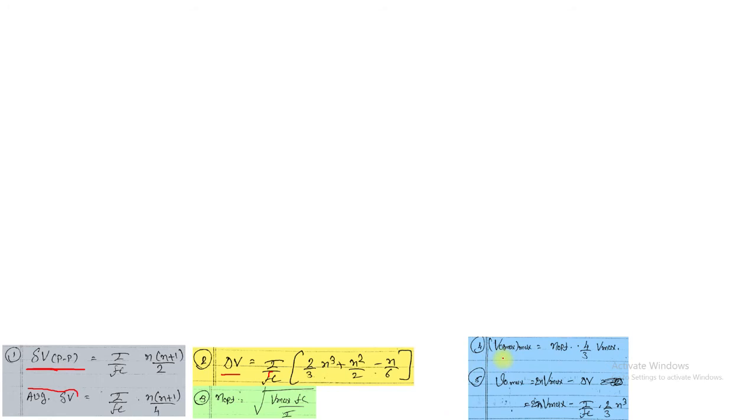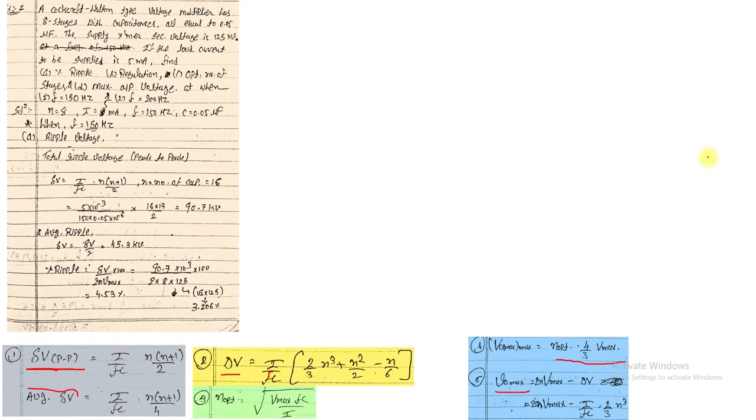The maximum output voltage by considering the optimum number of stages can be calculated from this formula, n optimum into 4 by 3 Vmax, and of course by taking the difference of the maximum output voltage and the voltage drop, we will get the maximum voltage. Okay, so 2n Vmax minus delta V. From this formula we can determine the Vo max value.